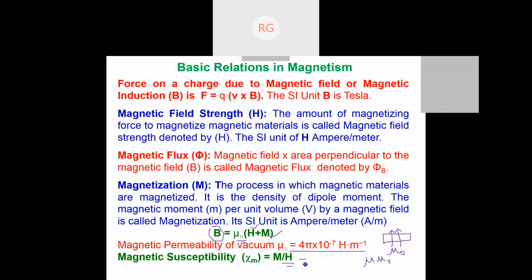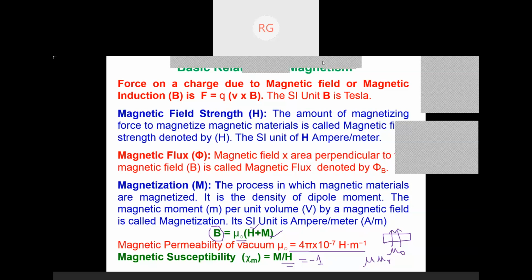In superconducting material, we have seen that it is -1, therefore a superconductor is a material that has diamagnetic properties with perfect diamagnetism.